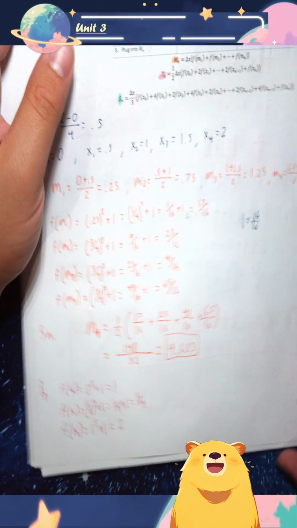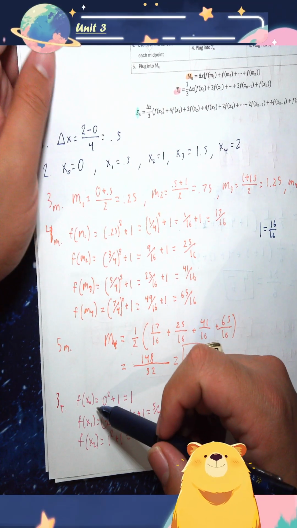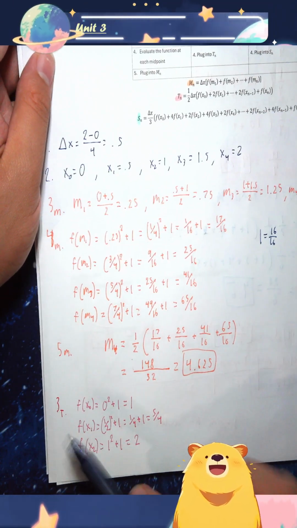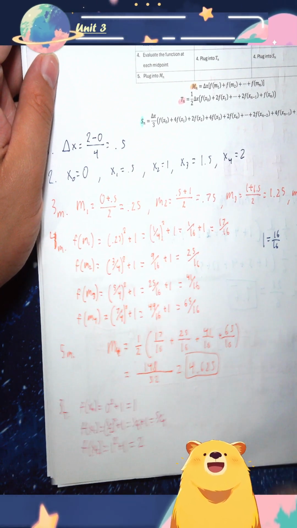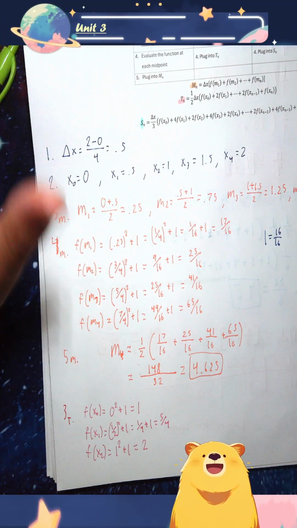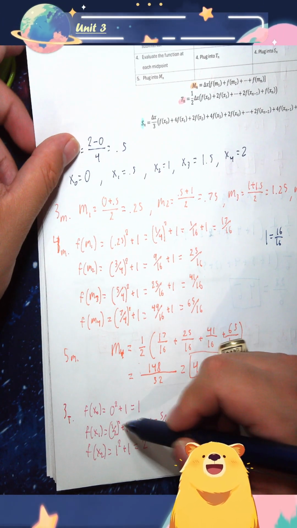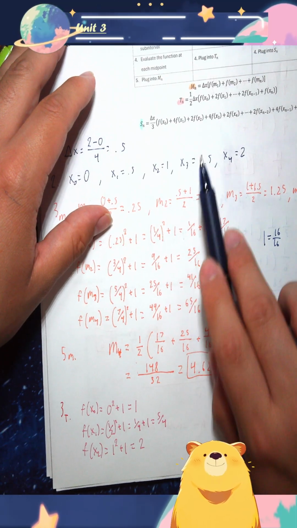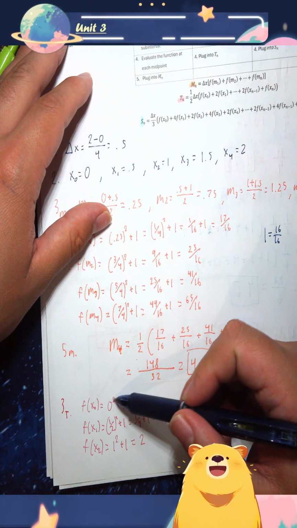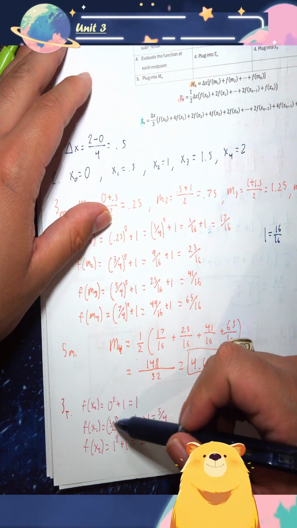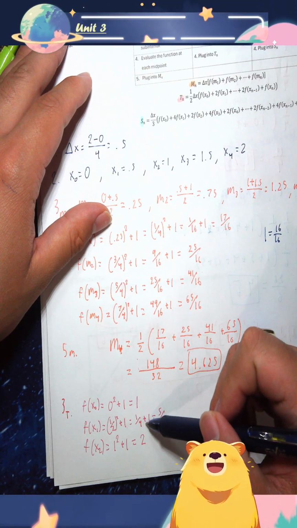Then for the trapezoidal rule, we just plug all of these into the function. So 0, 1/2, or 0.5, but then I also was like, well, 1/2 is easier to square than 0.5. So it's just 1/2 squared, and then same thing with this guy, the 3 over 2 squared. So 0 squared plus 1, that's 1. 1/2 squared plus 1, that's 1 over 4 plus 1.